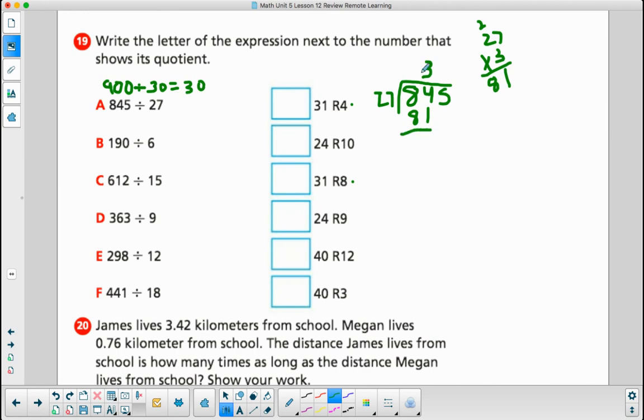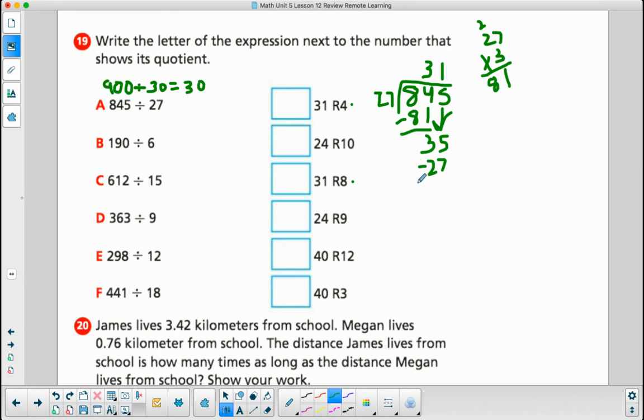What's left after I took 3 27s out of the tens, I have 3 tens left. I'm going to bring down the ones to change that 3 tens into 30 ones, and 5 more ones make 35 ones. Well, so far, my 1 is holding through. There's only 1, 27, and 35.